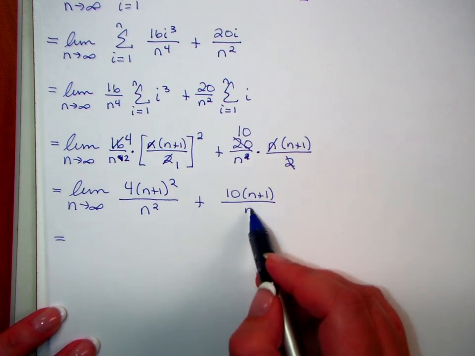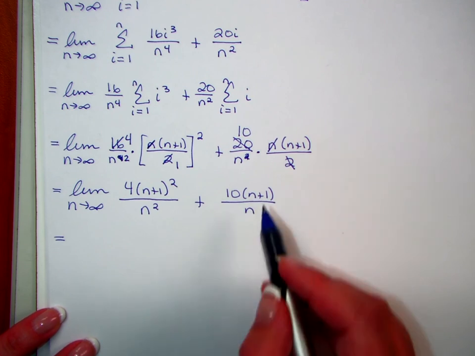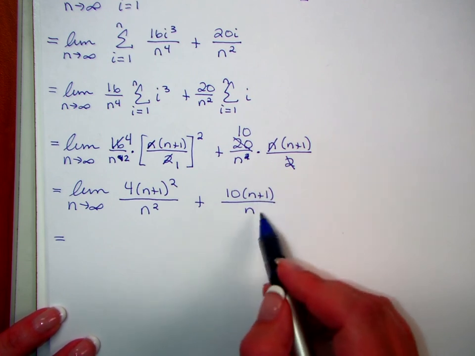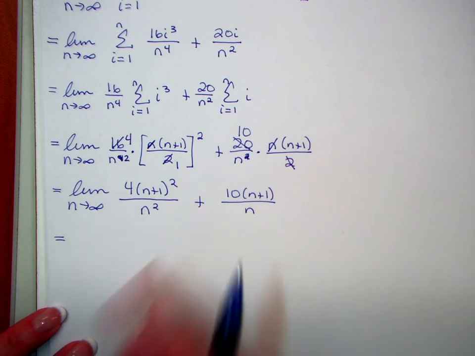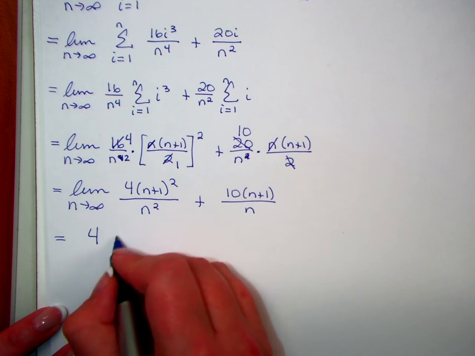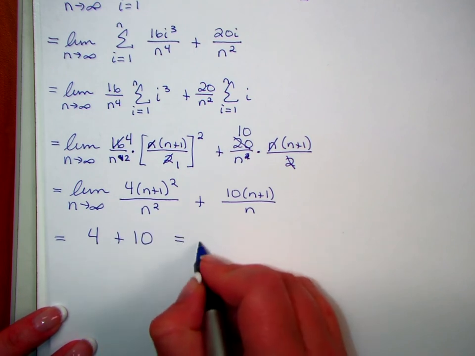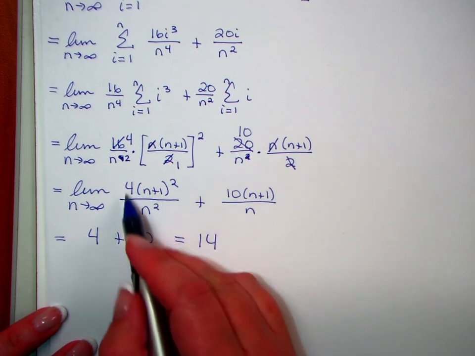The power of n is the same. We have n to the first power here and n to the first power here. So if we divide everything by n, the only thing we're going to be left with is 10 over 1. So we're going to be left with 4 from the first fraction and 10 from the second fraction, which is 14.